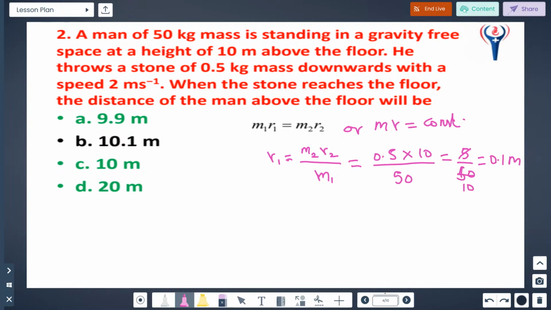Question is, distance of the man above the floor will be. So 10 plus 0.1, that is the distance of the man above the floor. H equal to 10 plus 0.1 equal to 10.1 meter. Okay, option B. Option B is the correct answer. Let's move to question number 3.